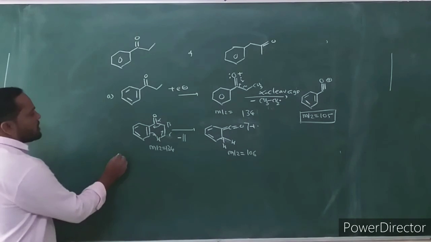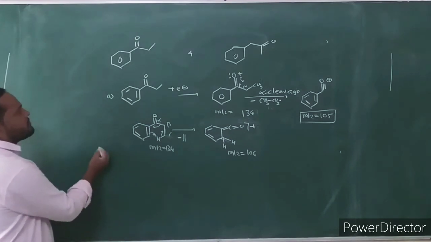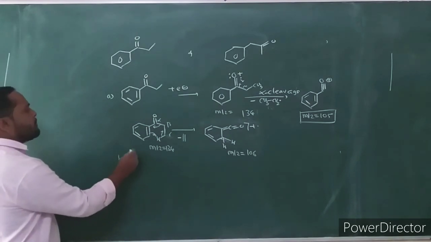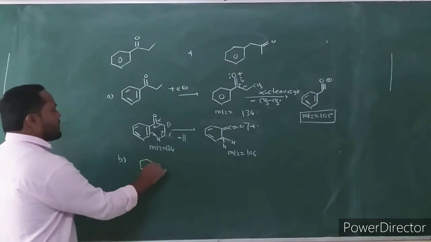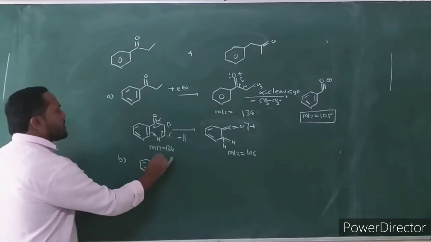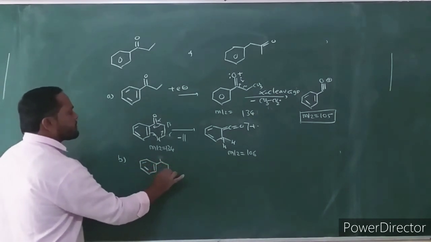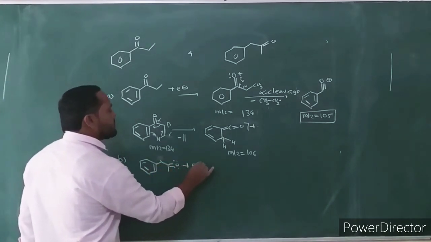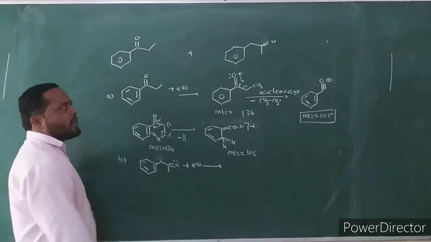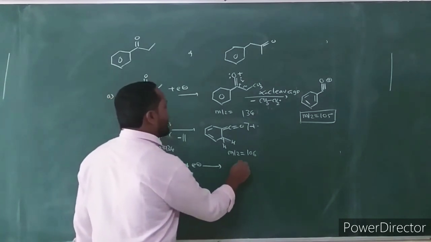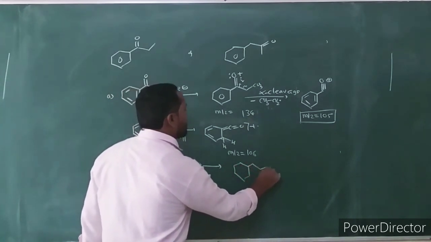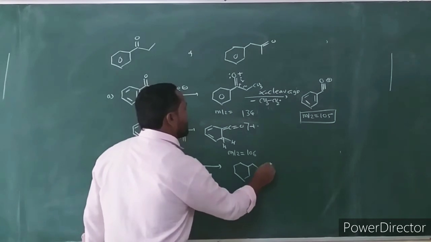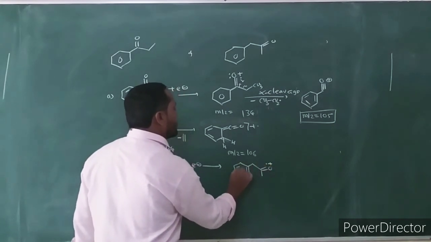Then consider, on the other hand, compound B. It also undergoes electron ionization, and a molecular ion is formed.